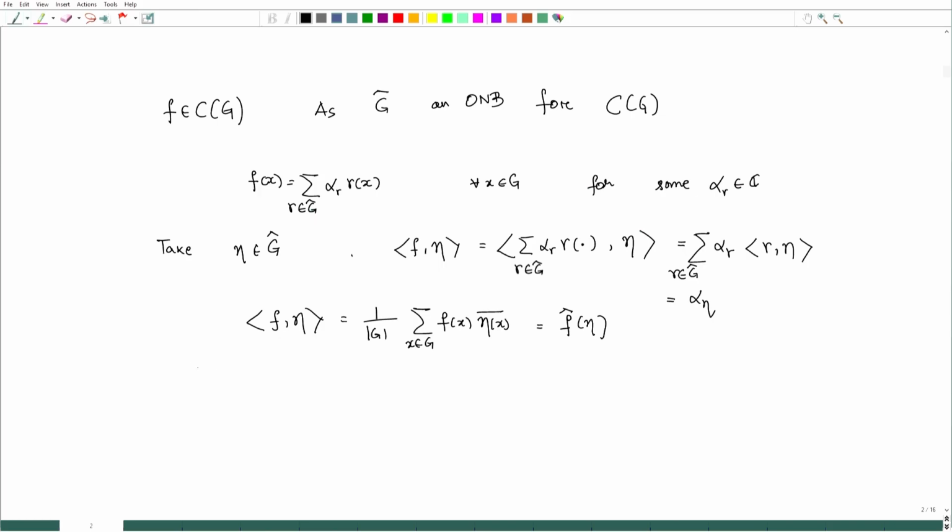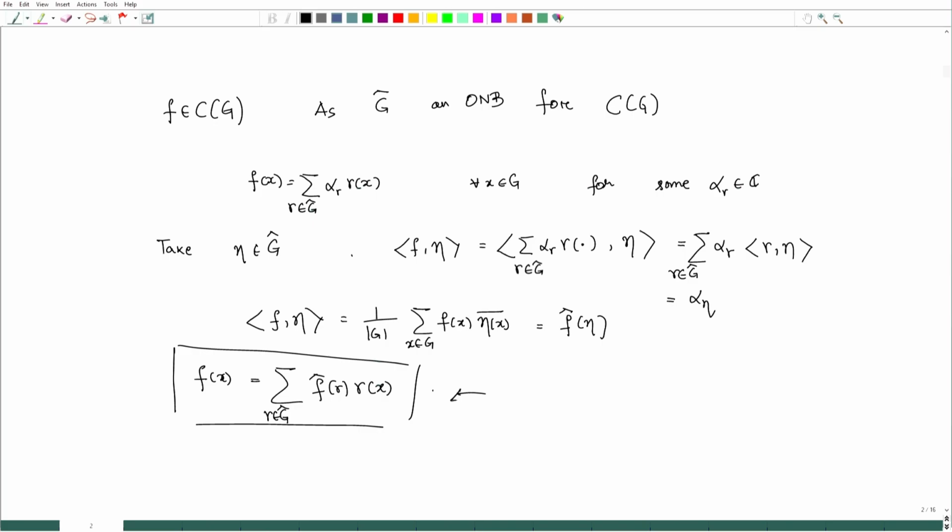So, thus alpha eta is equal to f hat at eta for every eta belonging to G hat. Therefore, f of x is summation over gamma varying over G hat, f hat of gamma, gamma of x. That is what is called the Fourier inversion. So, we have got the Fourier inversion.